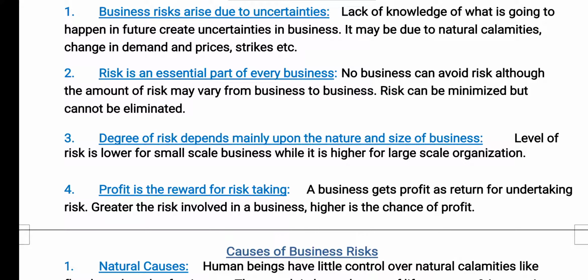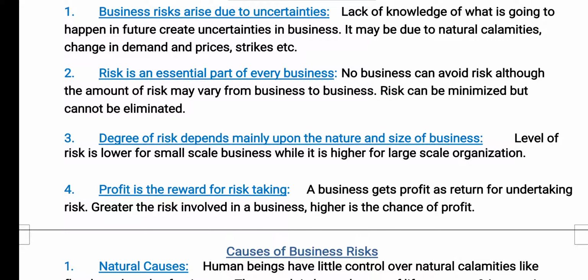The next point, profit is the reward for risk taking. Businessmen can earn profit because they are bearing risk. No risk, no gain. Larger the risk, more is the profit. So an entrepreneur bears risk with the expectation of earning profit.